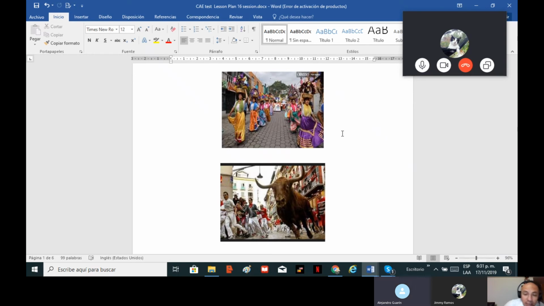They don't want to be struck by the bull. They are holidays in these two pictures. In the top picture, I think it's a Colombian or Mexican holiday, and the second one is a Spanish holiday. Something like this.